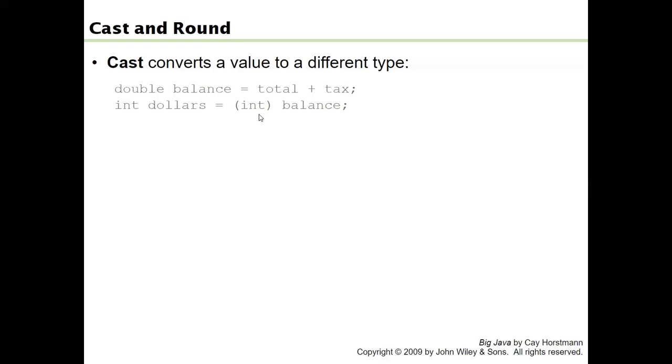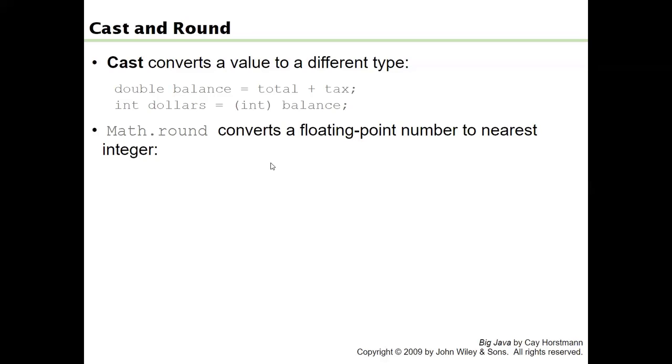Now, C and C++ went away from this type of syntax because it's not very clear what's going on. They have different types of casts that are better. But Java decided to keep the old way of doing it. And so we're looking at the old junk. Math.round converts a floating point number to the nearest integer.